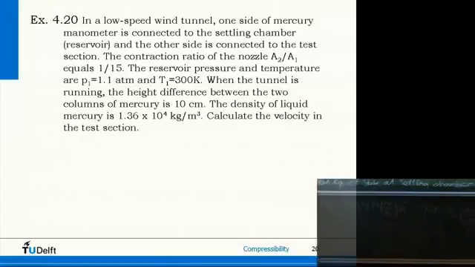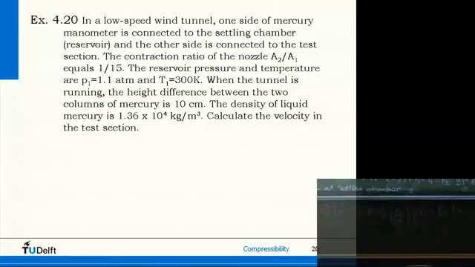Yeah? And that simple. So V2 is equal to the square root of P1 minus P2 divided by a half rho, so dividing by rho times 2, and then we have 1 minus A2 squared over A1 squared.